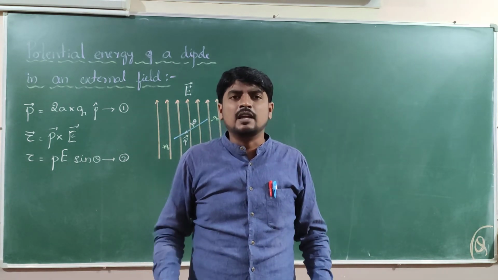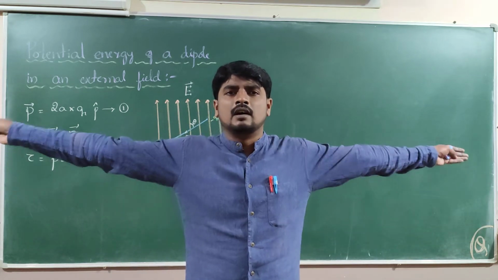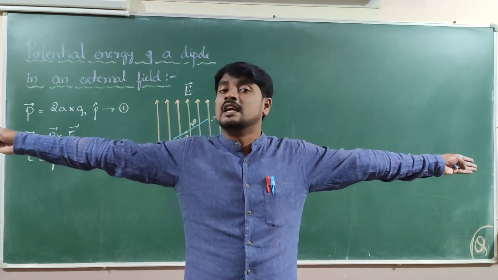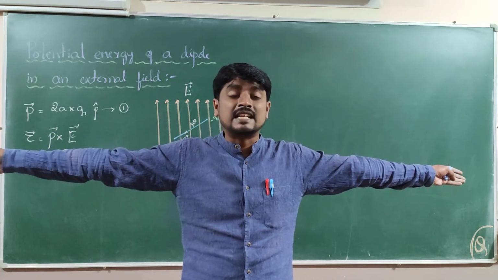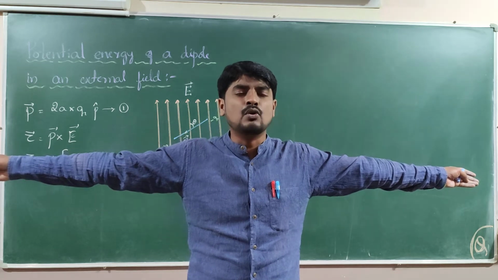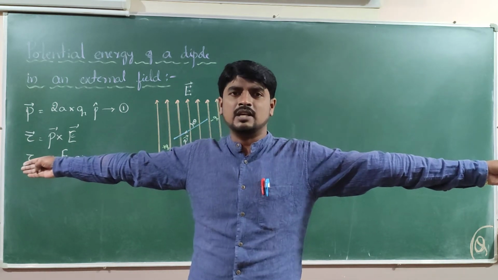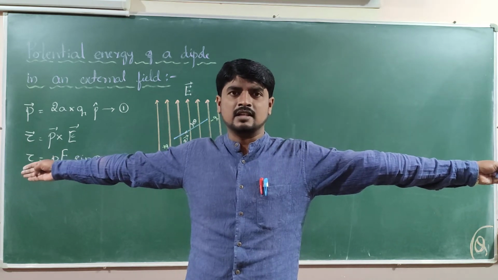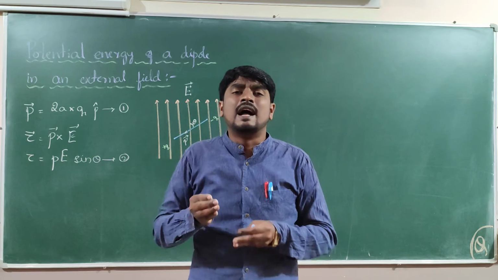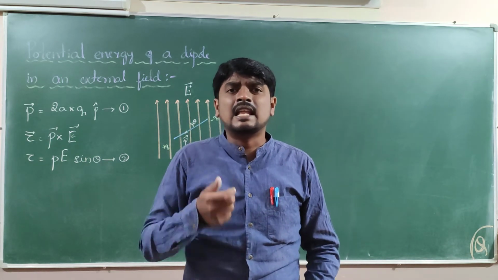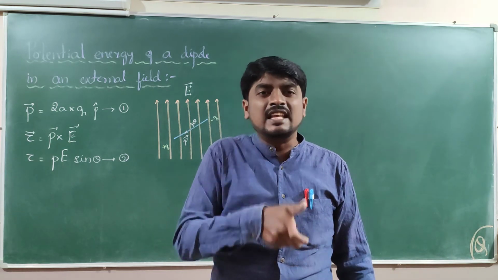Suppose I place the dipole at an angle of, say, theta 1, then it is unstable. The external electric field exerts a force and rotates the dipole so it comes back to the rest position like this. Now it is a stable dipole. At that time, the external electric field rotates the dipole through a small angle of d theta.